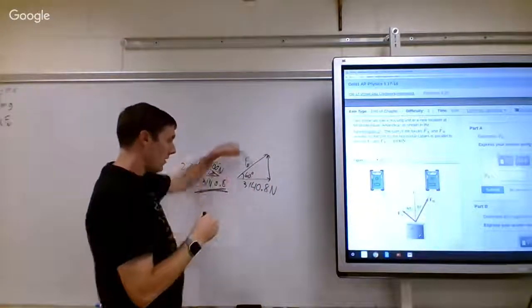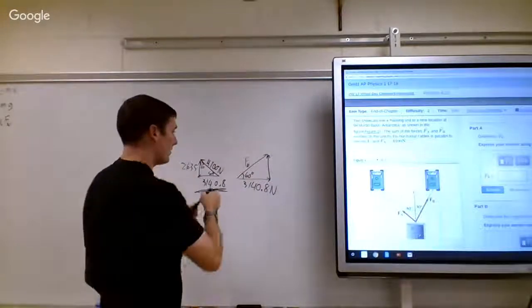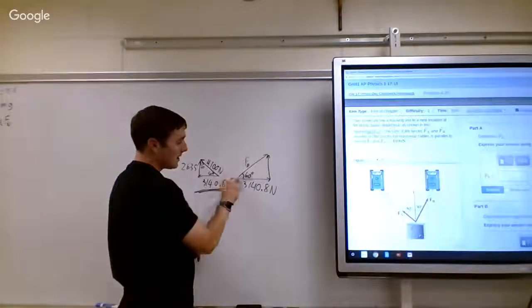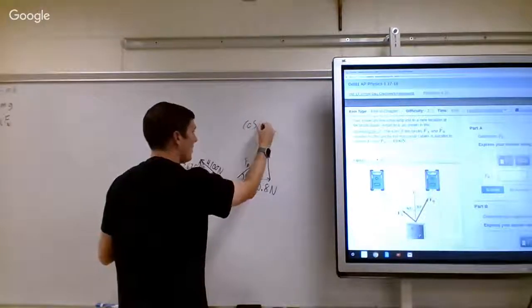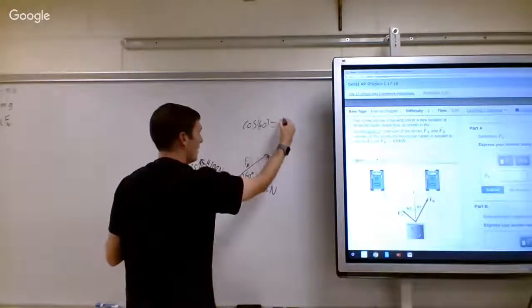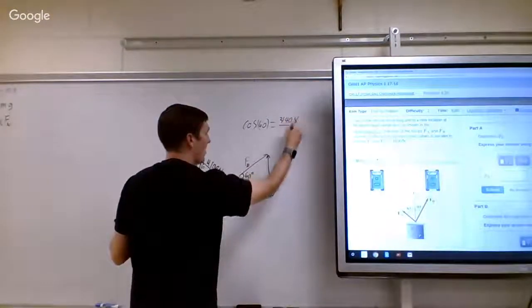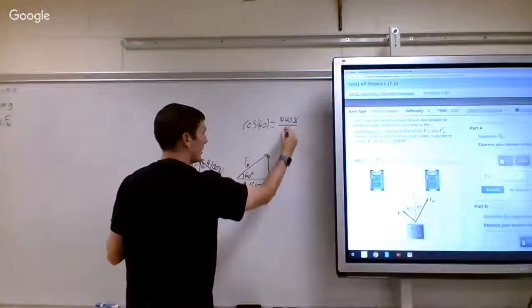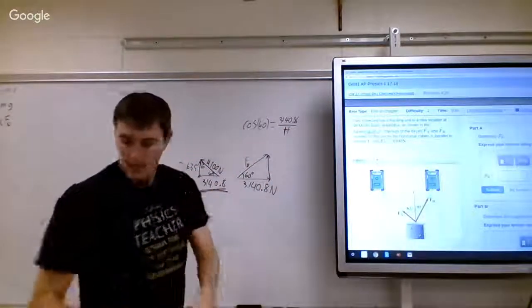And we want to know that piece right there. My board's a little bit dirty. This is the adjacent side, so I'm using cosine. Cos 60 equals 3140.8 over h. We want to solve for that, so you divide those two things.